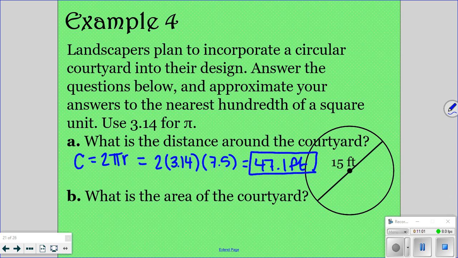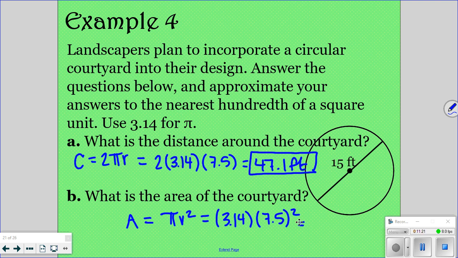And then it says, what is the area of the courtyard? So the area, we're going to use pi r squared. And again, it says use 3.14 for pi. And our radius is 7.5.